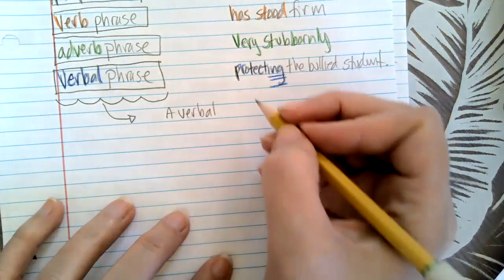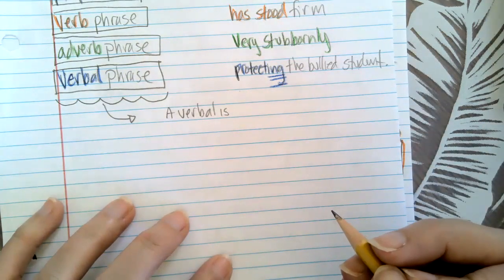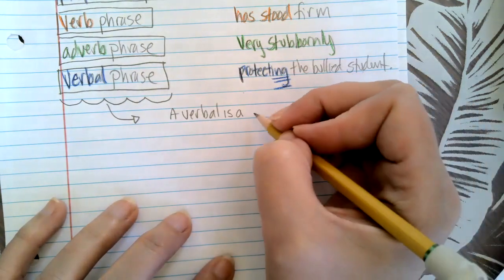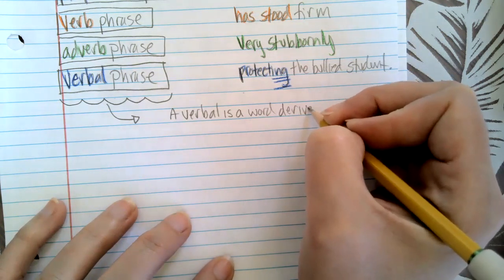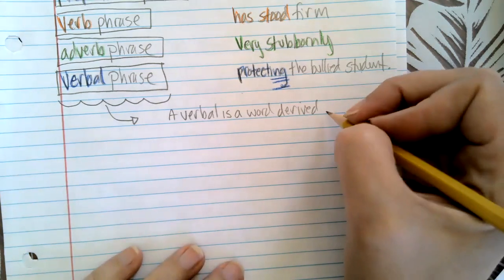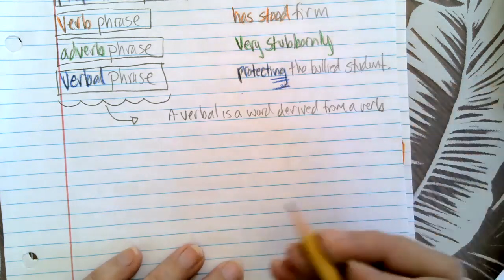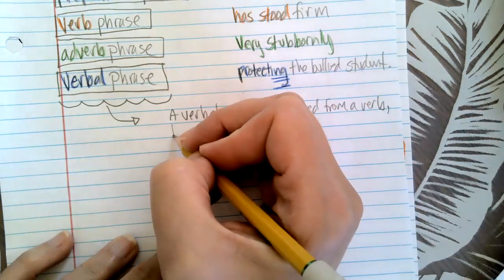Don't worry if that sounds like gobbledygook, because we're going to break that down. What does derived mean anyway? Derived means to take it from, to make it from.